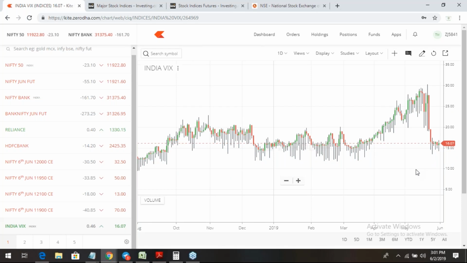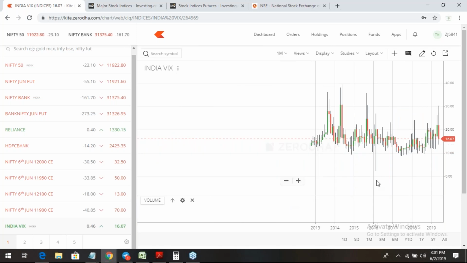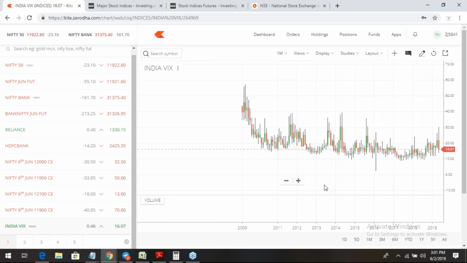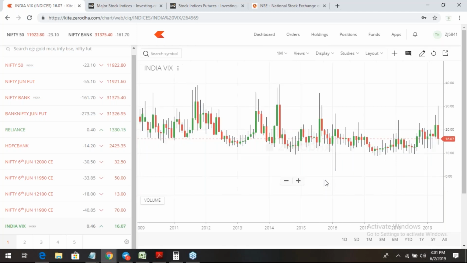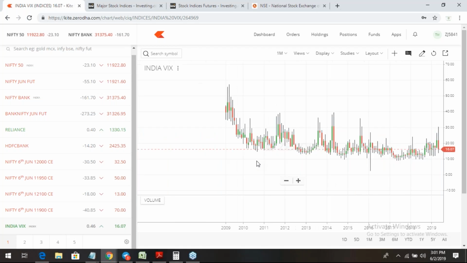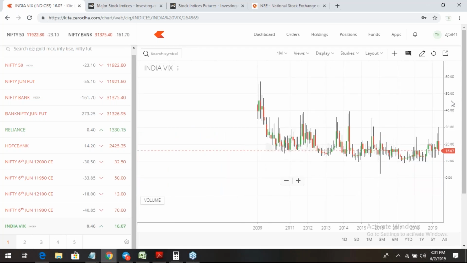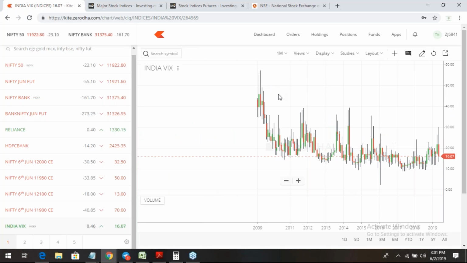Please explain the top and bottom chart again. See, now we'll see the monthly chart. Let's see the monthly chart. In 2008, you can observe where VIX was. VIX was at almost 55.